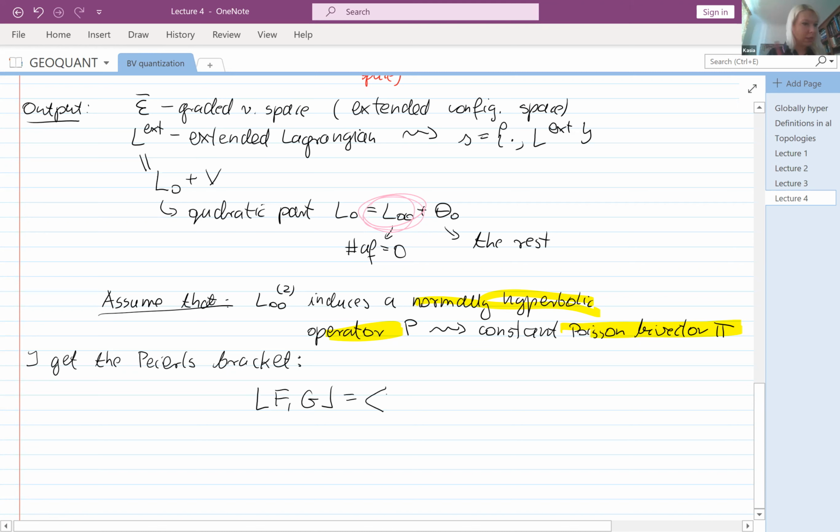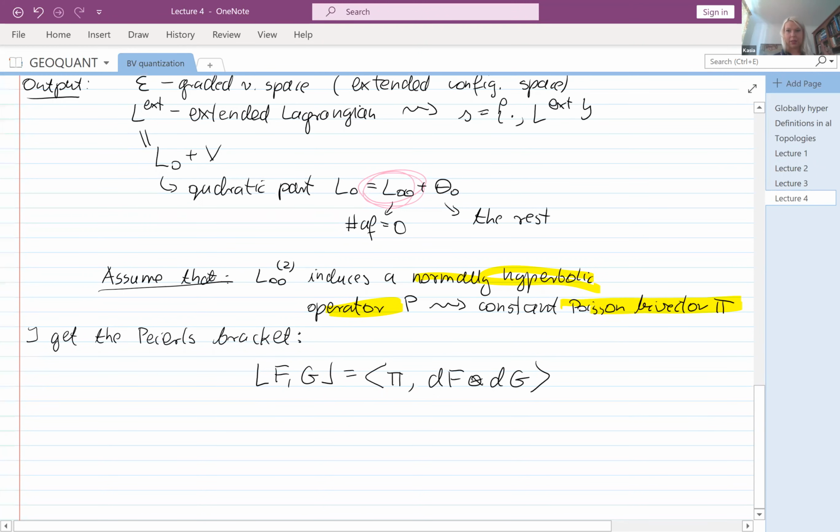Let me just check which direction I did it. Okay, pi first. So pi d f d g. And this constant Poisson structure is what I'm going to quantize in the free theory.